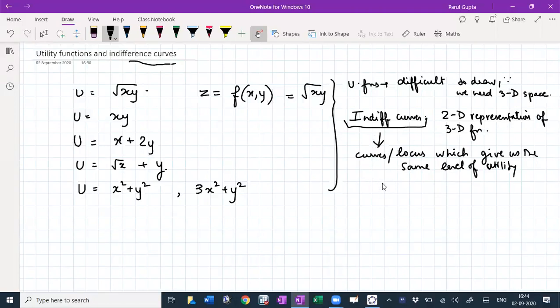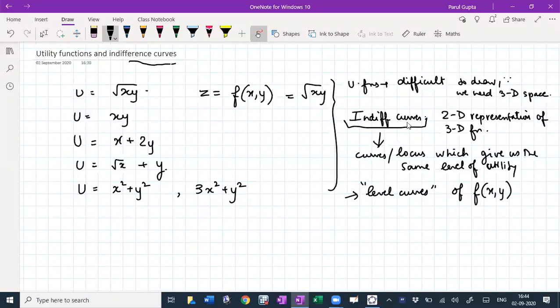In the second semester maths course, you had studied something called level curves of a function f(x,y). Indifference curves are nothing but level curves. When we use them in consumer theory, we call them indifference curves. When we use the same mathematical concept in producer theory, we call them isoquants and so forth. So it's actually the mathematical concept of level curves that we are applying in microeconomics.